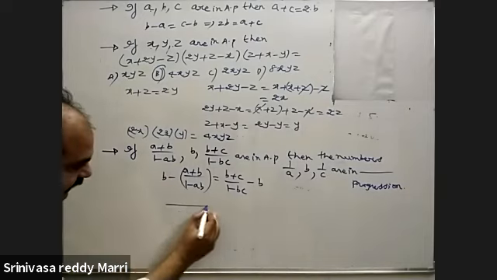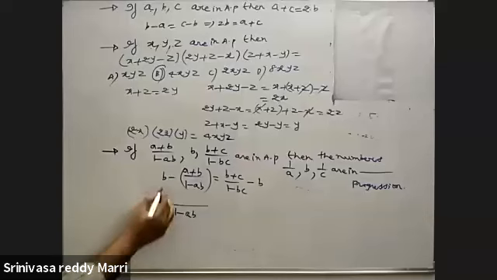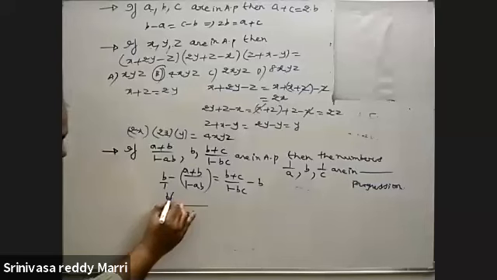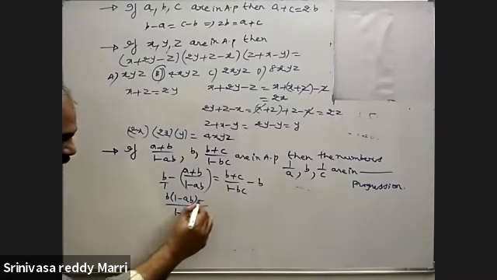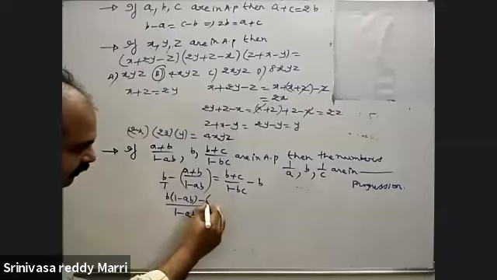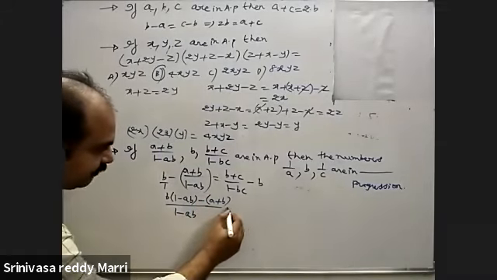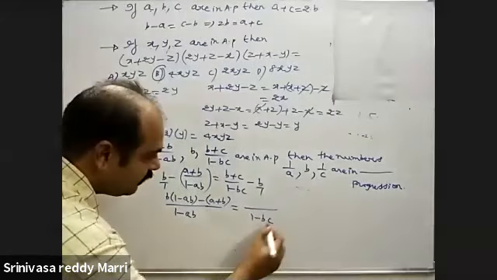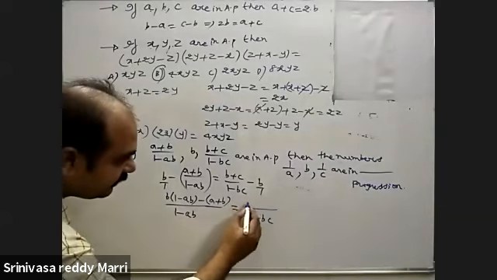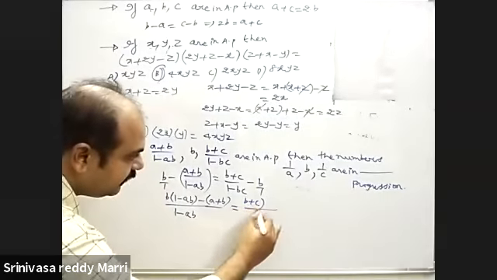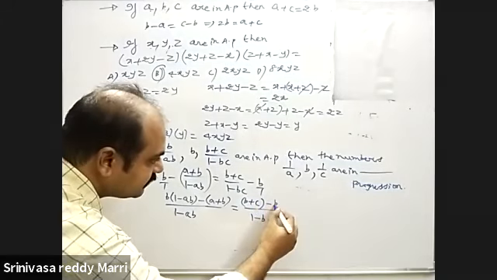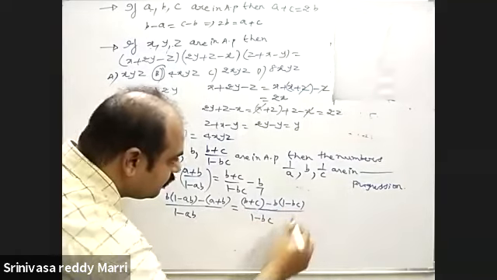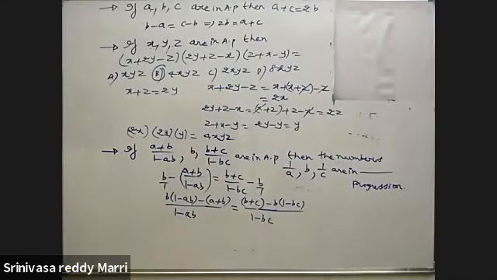Now here left hand side take the LCM, 1 minus ab. So you will get b into (1 − ab) minus (a + b). Equals, now here LCM is 1 minus bc: (b + c) minus b into (1 − bc). Now taken the LCM.